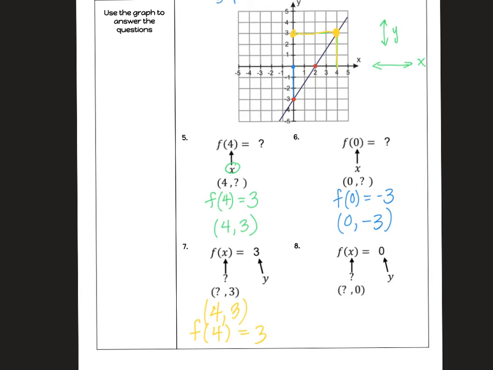And this is asking us f of x equals 0. What is the value for x? And so we need to look at our y-axis. So when y equals 0, and this time it's asking us what is our x value. So in this case, we need to move, again, either to the left or the right, not up or down, because it gives us our y.